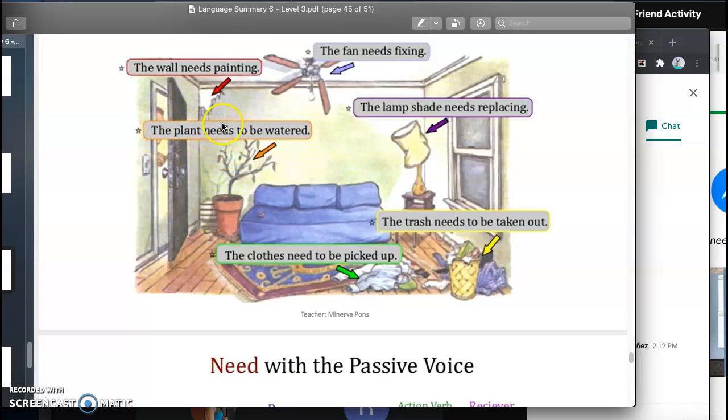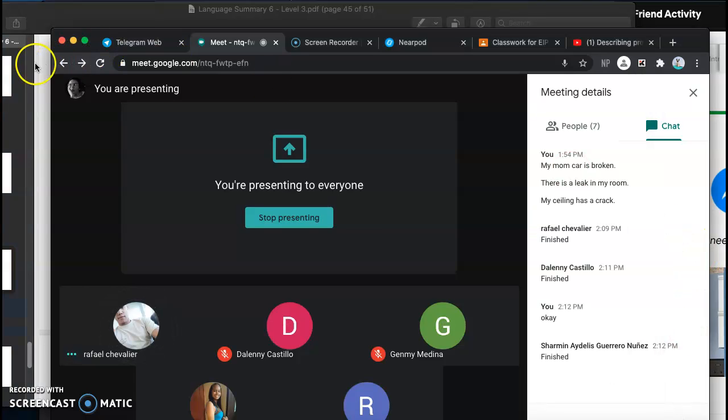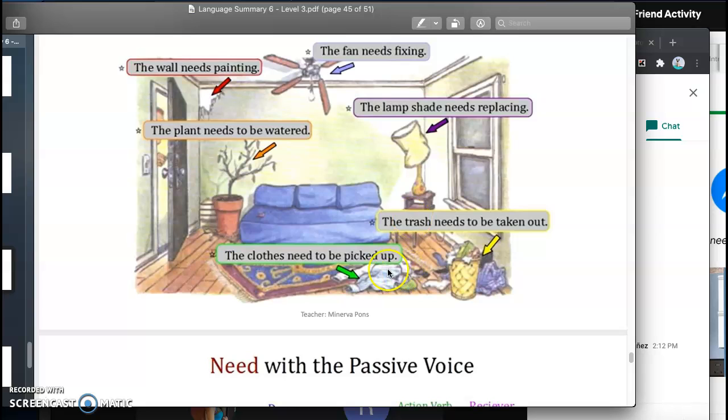That's what the third person is for, to know when to put the S in here. This has nothing to do with the third person. And if it's in plural, I need to use passive? No, that has nothing to do with that. If it's in plural, the only thing that you need to change is the need. This in here has nothing to do with plural or singular. Plural or singular is only for need or needs. This is the only thing that changes.